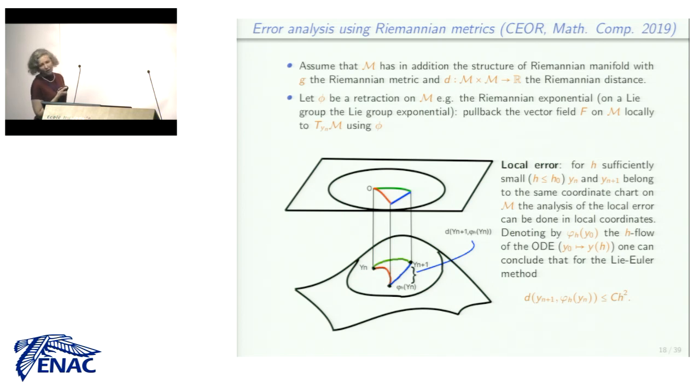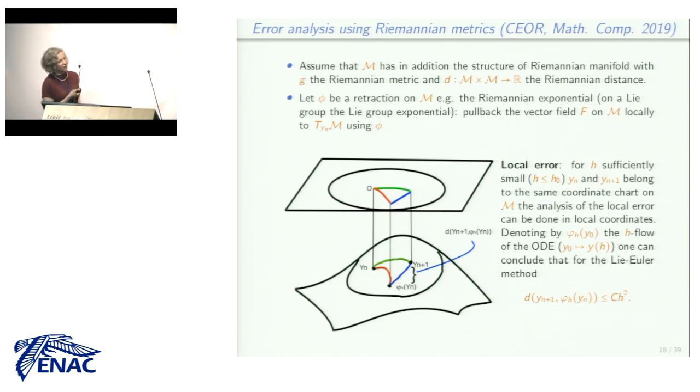In our analysis, we proceed similarly to what you do in a classical context. You first make a local error analysis, and then use these local error estimates to prove convergence. So here is the local error analysis. That is relatively simple, because in fact you can prove that your vector field is pulled back to the tangent space.